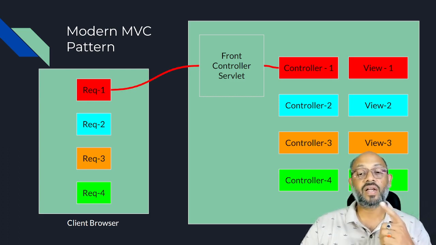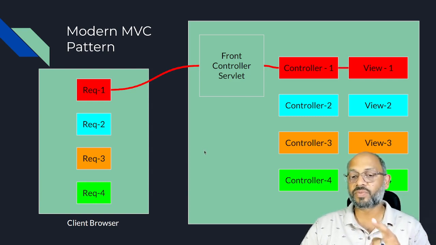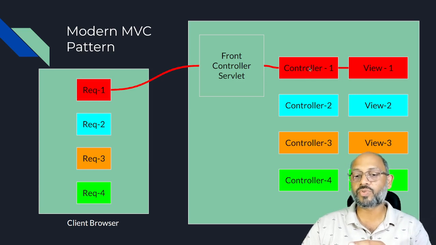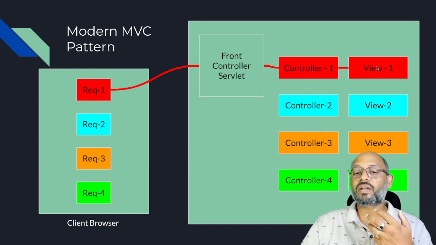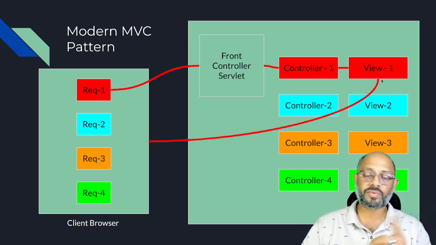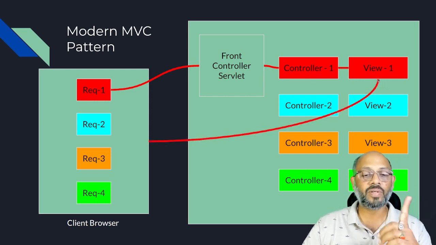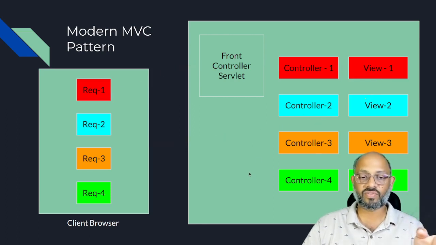From there, a specific controller is identified, and the request is directed to that controller. The controller's job is to perform the business logic, identify the appropriate view, and send the data to the view, and then that view is provided as the response to the client for the first request.